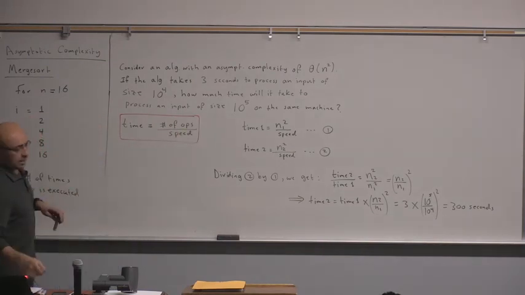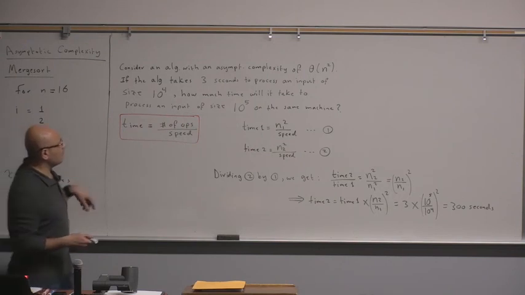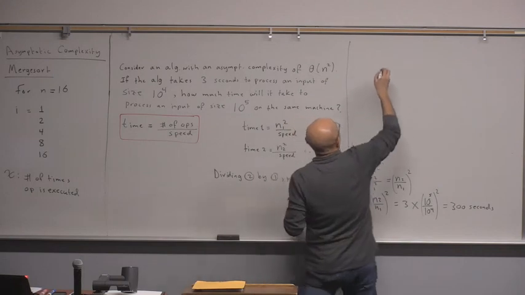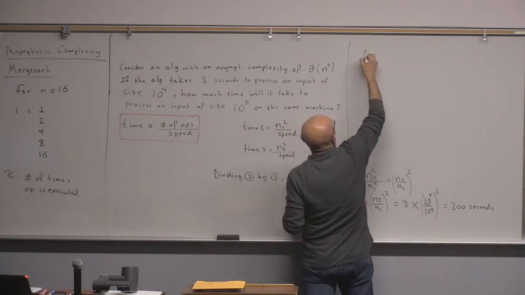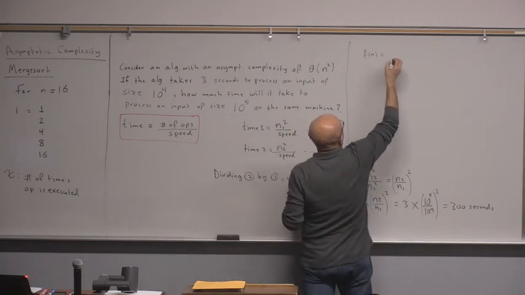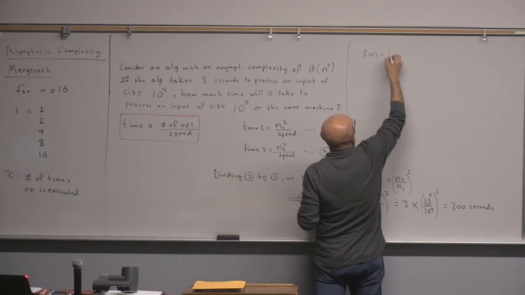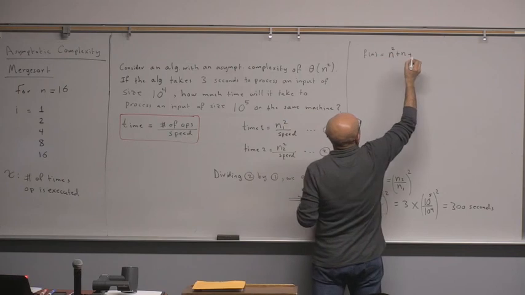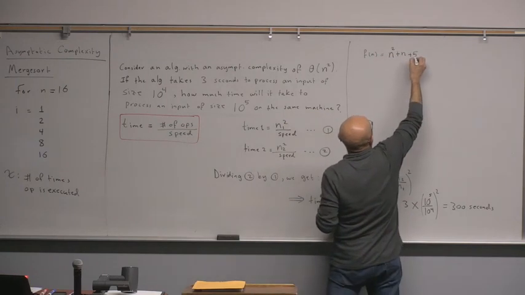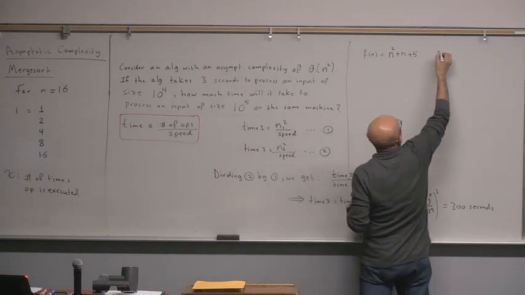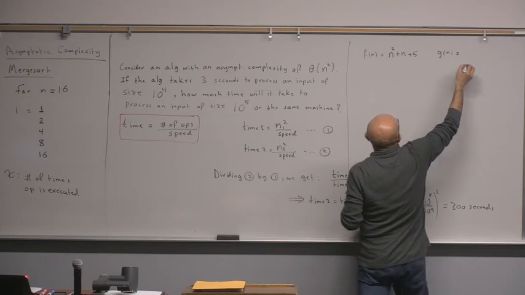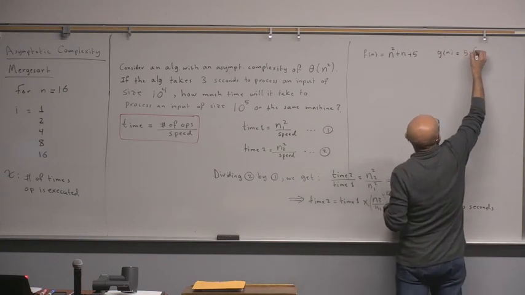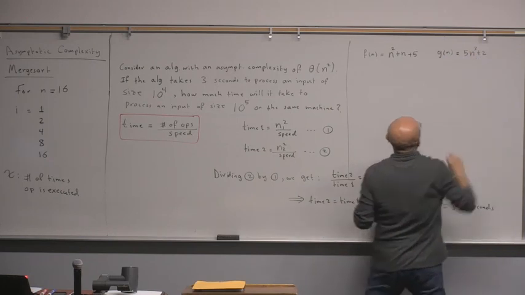And the third kind of question that you will see in the homework is this. Given two functions, f of n, say equals n squared plus n plus 5, and g of n equals 5n cubed plus 2.